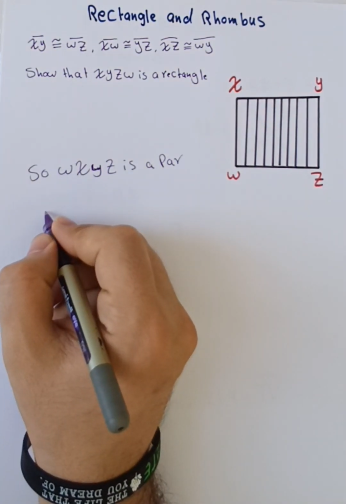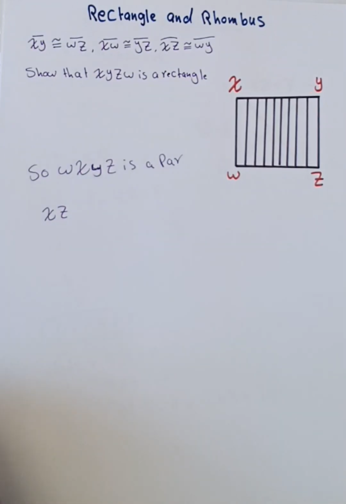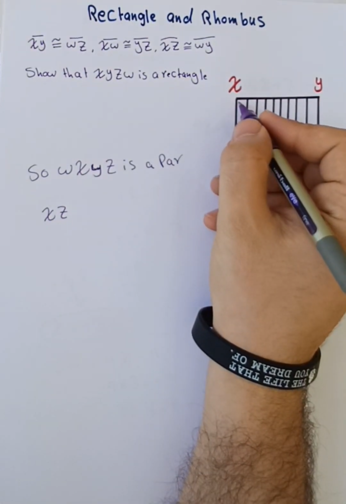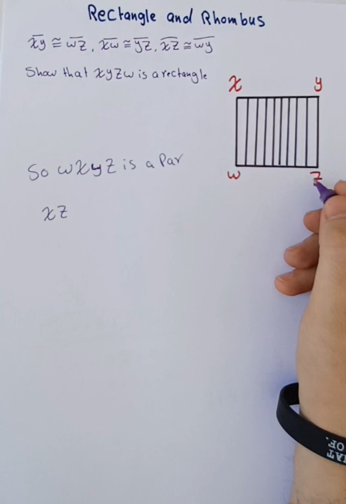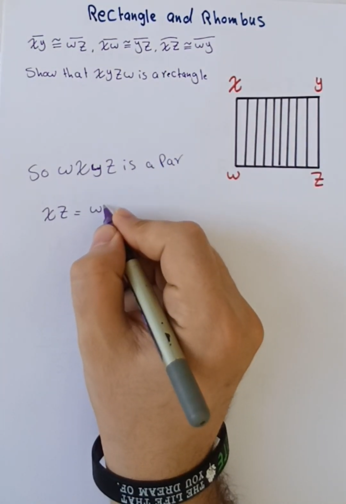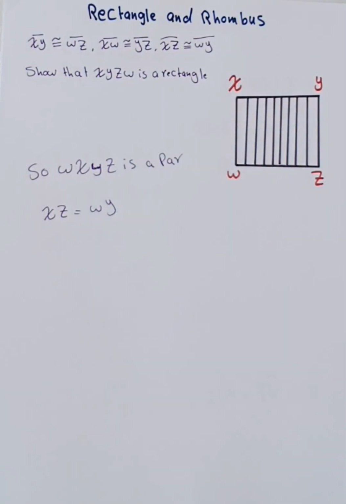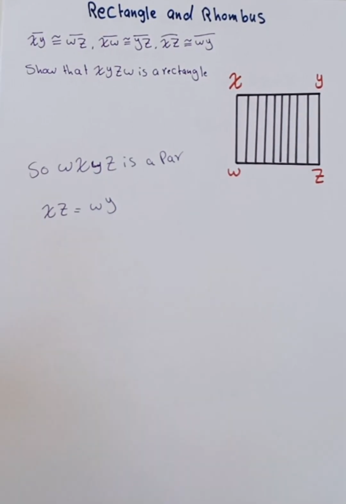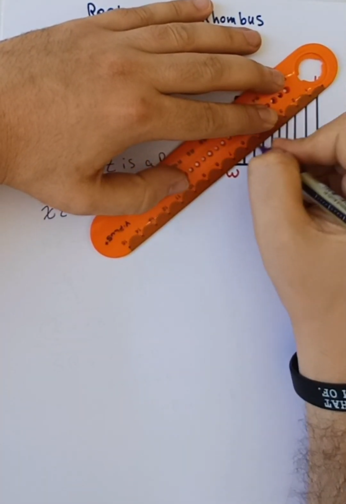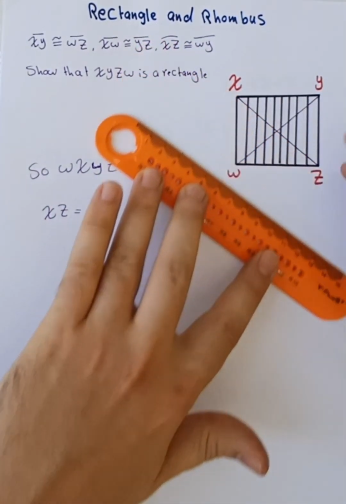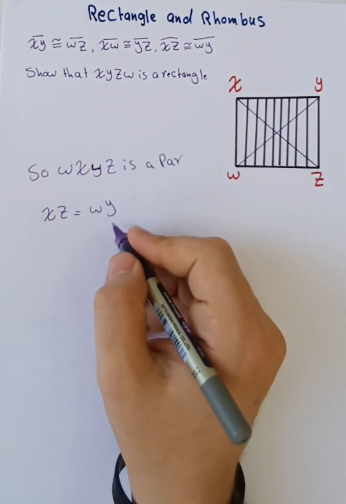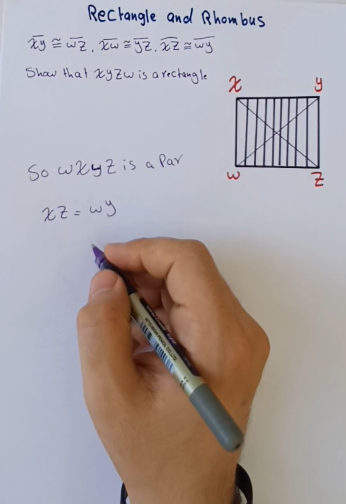And then we can say, if we draw a line segment from X to Z and W to Y, so XZ equal to WY, the diagonals.